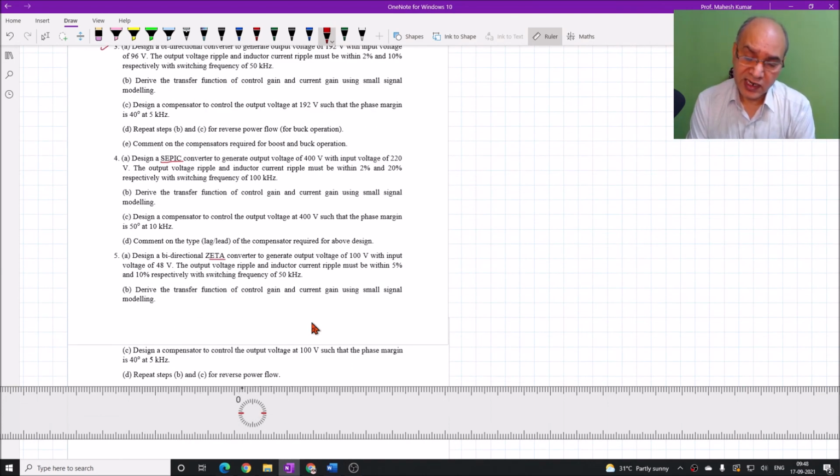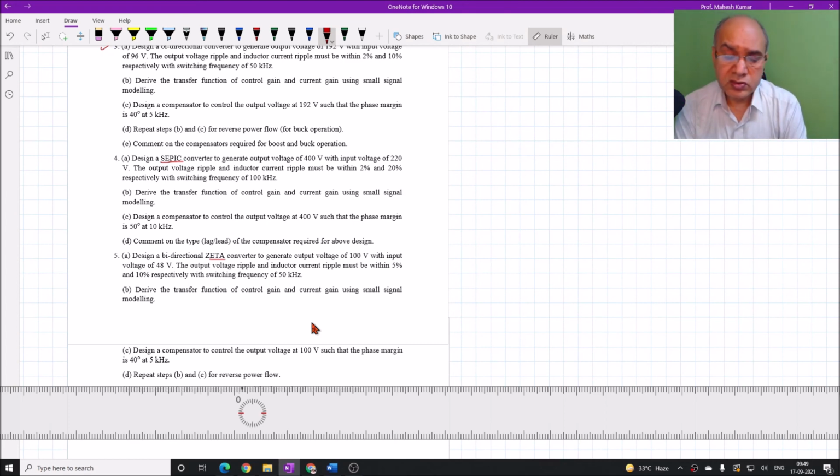I want more clarity on the analysis, design, and the control part. You can refer to papers and books, whatever you want to refer, that's not a problem. But I must see the clarity in your assignment, in your design process when you submit the assignment. So I hope it is fine.